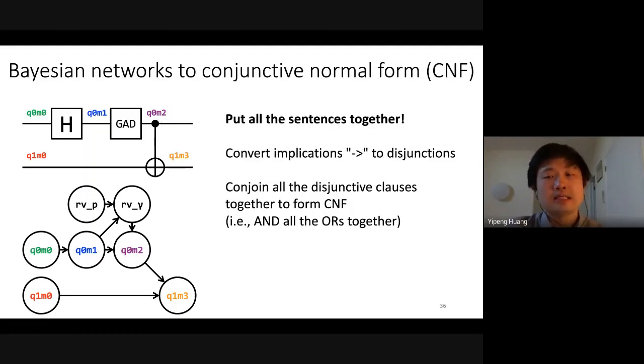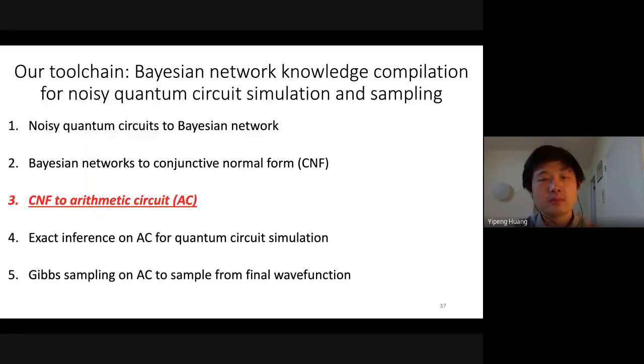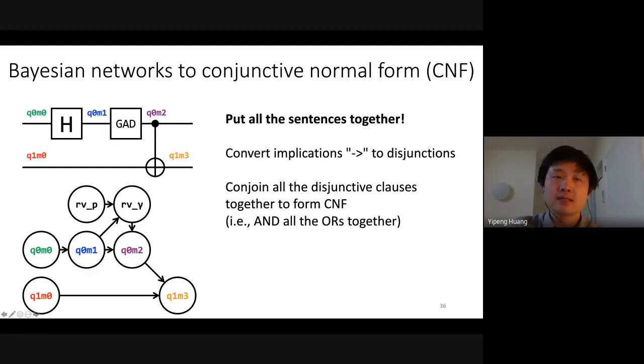Okay, and so the CNF, all the satisfying assignments, so all the ways that we can satisfy the CNF, are going to correspond to correct what we call Feynman paths, or correct paths through the quantum circuit. Okay, and if we can sum up all of those Feynman paths, that's going to be equivalent to the problem of solving and doing simulation of the quantum circuit. Okay, is there anything I can mention here to clarify this process for you guys at this point?